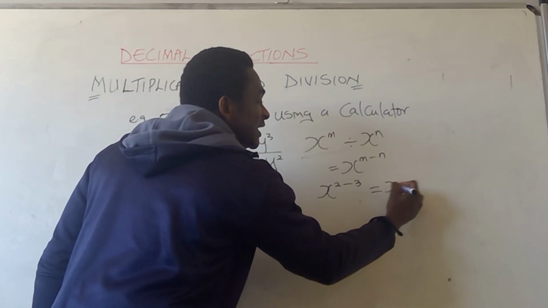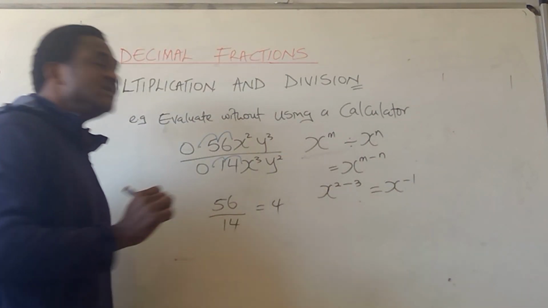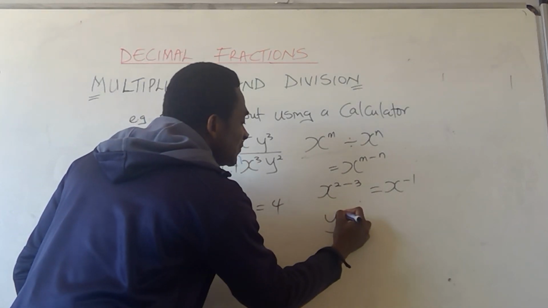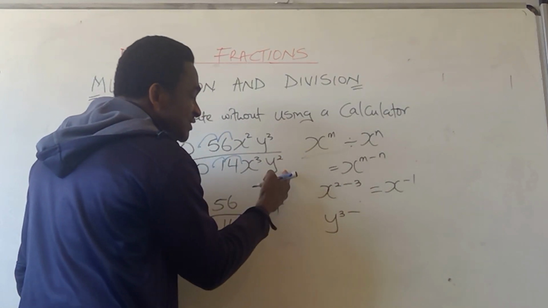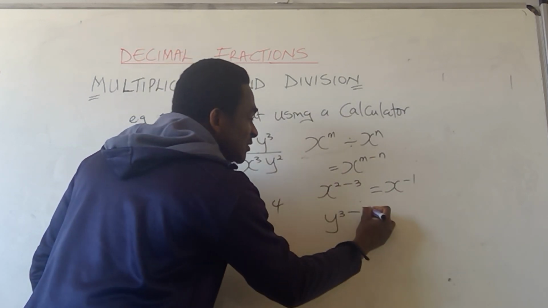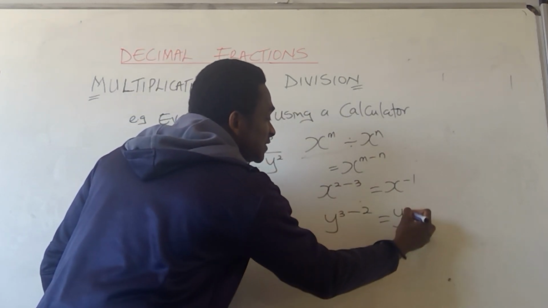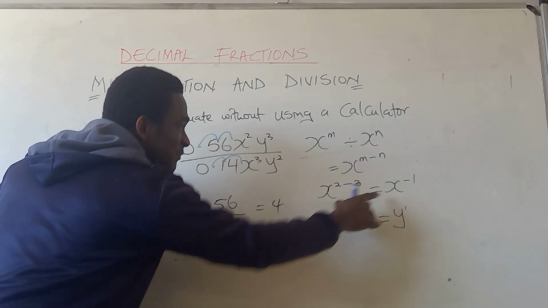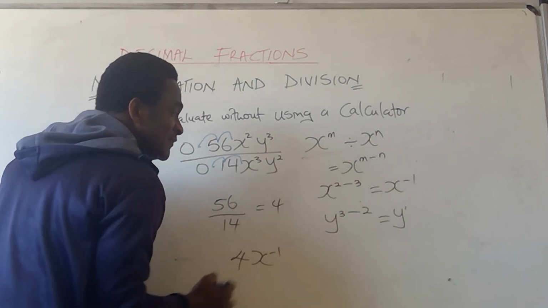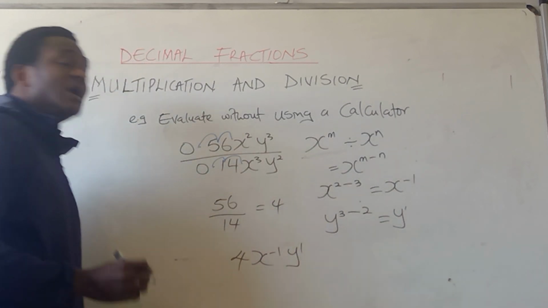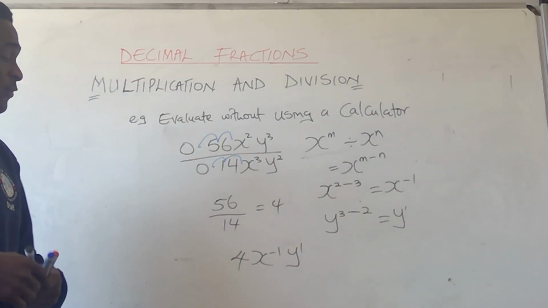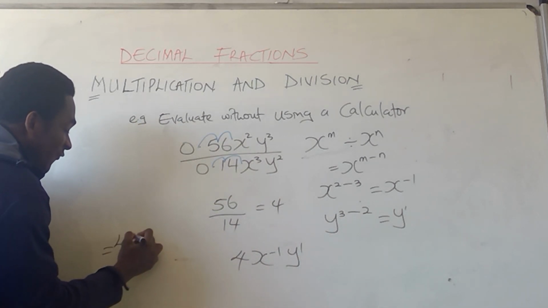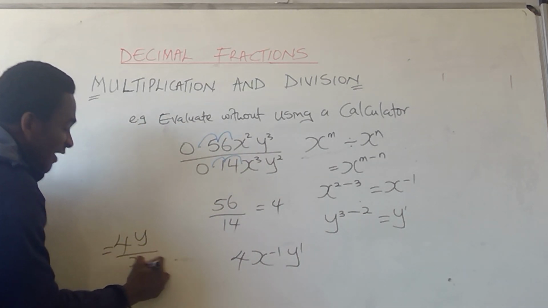So this will give us x to the power of negative 1. And for y, we have y to the power of 3 minus 2, numerator minus the denominator, and we have y to the power of 1. So our answer will be 4x to the power of negative 1 and y to the power of 1, which, if we want to present as a positive exponent, becomes 4y all over x.